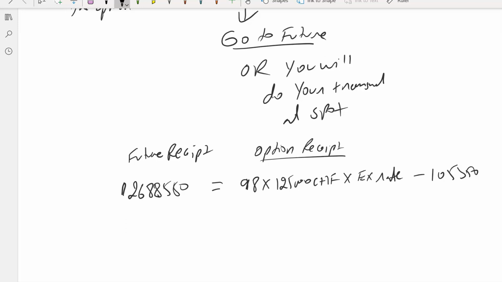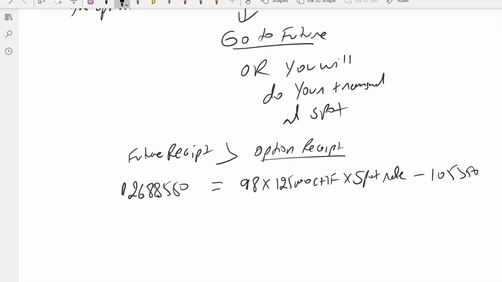So guys, one case is to exercise the contract, and obviously your option receipt will be lower than the future receipt. The other case is do not exercise this receipts, convert these receipts at the spot rate. And obviously you will convert these receipts at the spot rate when spot rate will be more favorable compared to the exercise price.